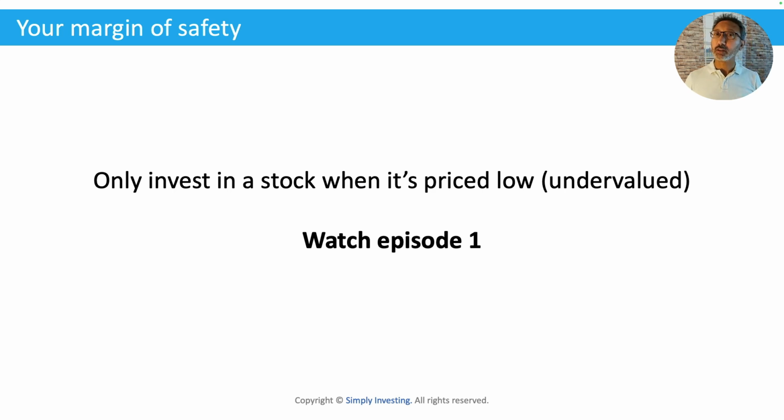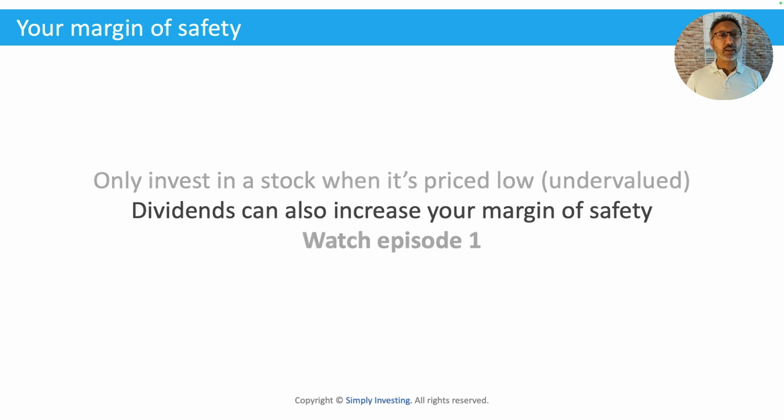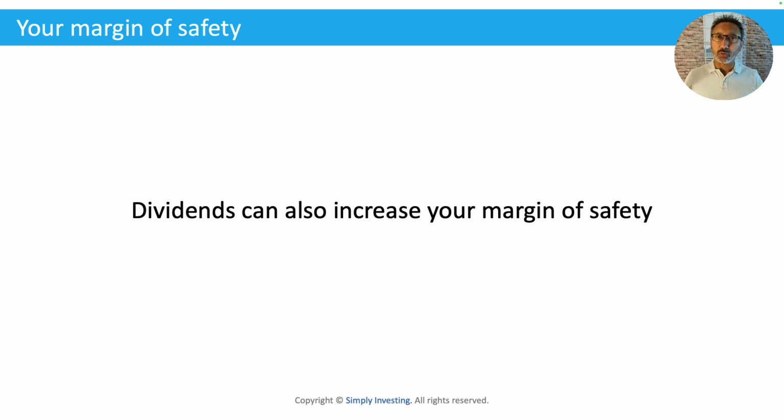That way, you know that you're always buying the stock at a lower price, thereby increasing your margin of safety. Now, there's another way to increase your margin of safety, and that's through dividends. They can increase your margin of safety when you are investing in a dividend stock.